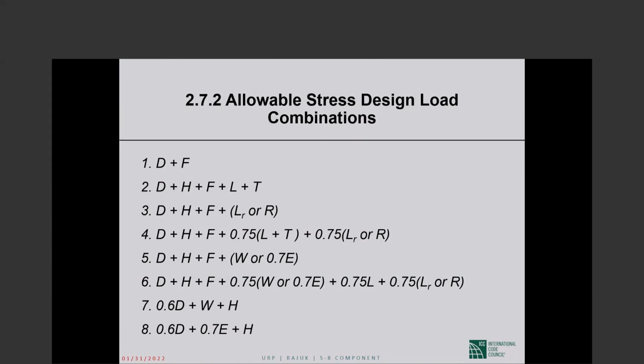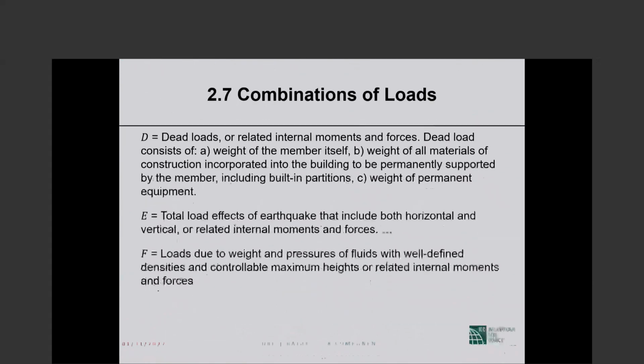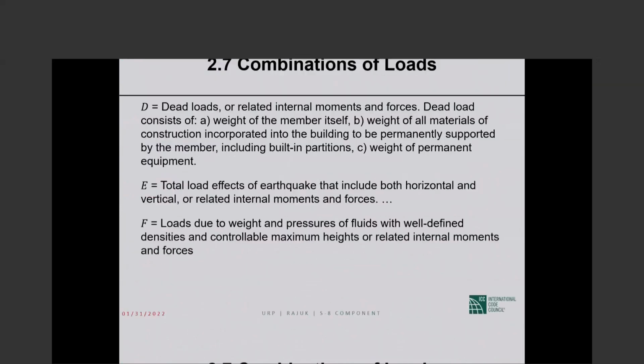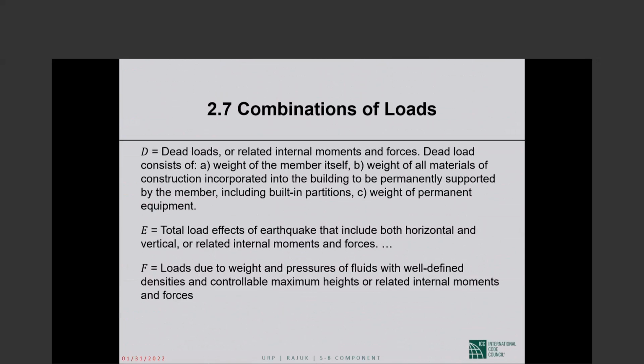Okay, so these are the ASD load combinations of BNBC 2020. Okay, so let us look at that. D is dead loads or dead load effects. E is total load effects of earthquake.